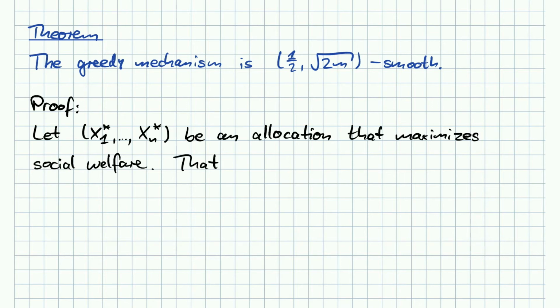In other words, opt of v will be equal to the sum of the vi of xi star.